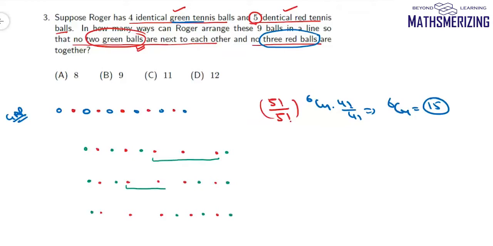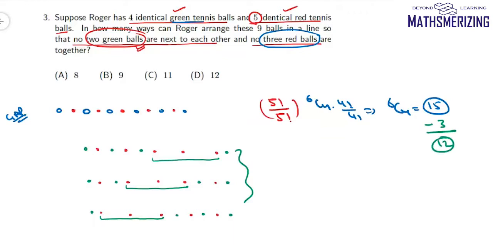Here we'll have 3 red again, and here also we'll have 3 red together. So there are 3 possible configurations where these 3 red balls are together among these 15 cases. So from these 15 cases, we'll need to subtract 3 cases where these 3 red balls are together.